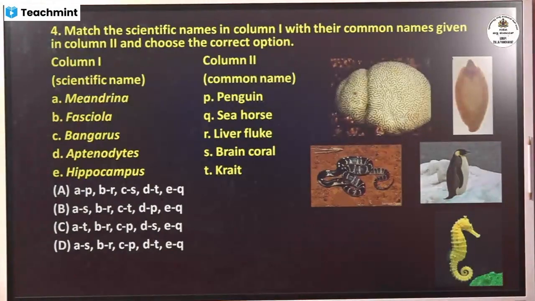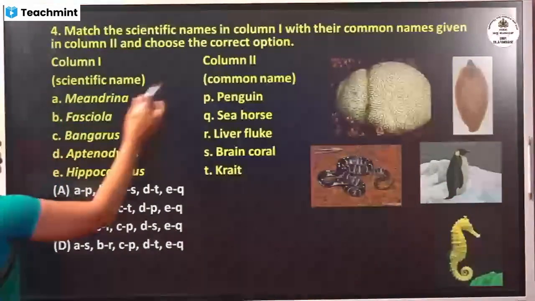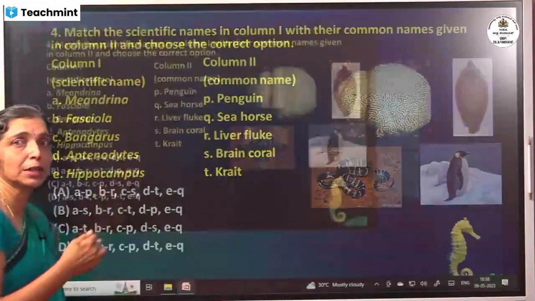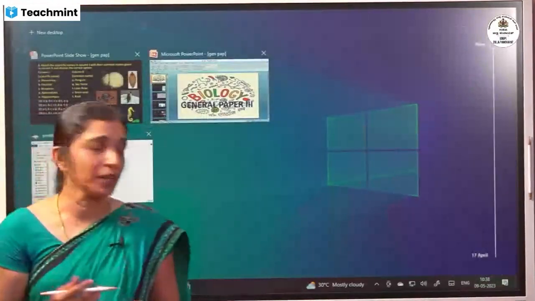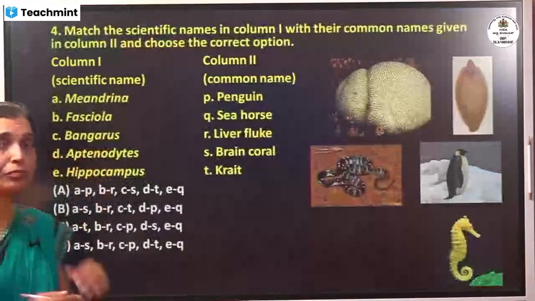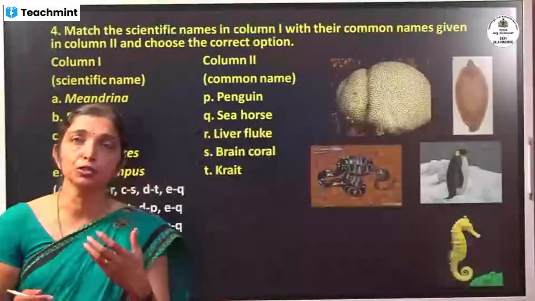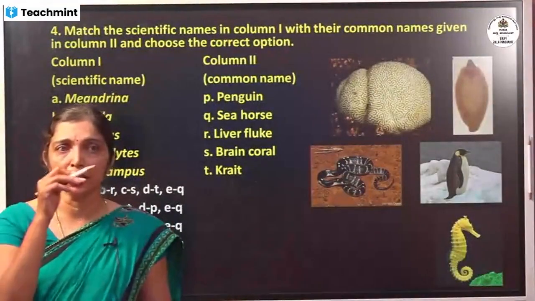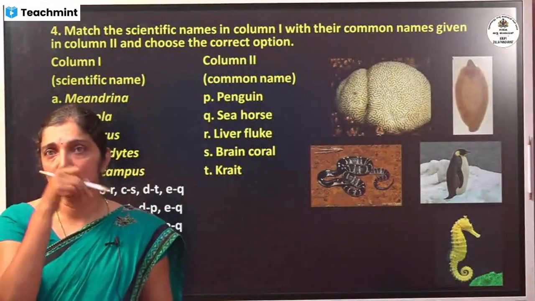Column 2: penguin, seahorse, liver fluke, brain coral, and krait. So which is the one? When you have a match the following type of question, you should first find out which is the one that you know. First you see if you know any of it, and then you start doing the matching.